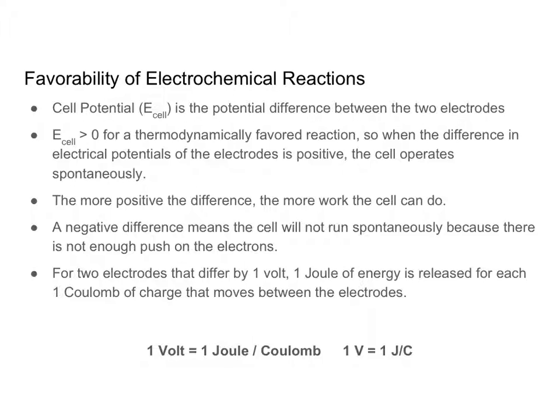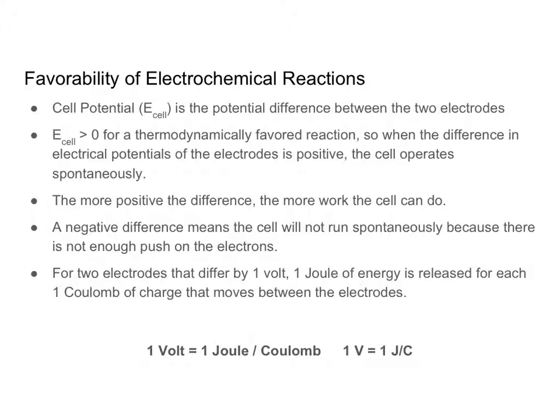So, what does that tell us? That gives us something to think about. So if the cell potential is the potential difference between the two electrodes, that tells us that if the cell potential is larger than 0, it is a thermodynamically favored reaction, so the difference in the electrical potentials of the electrodes is positive.